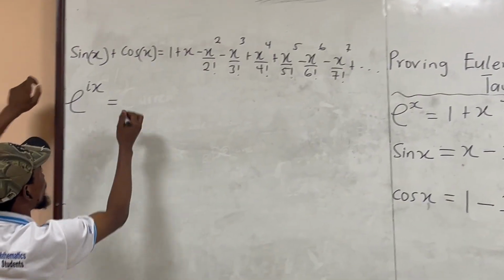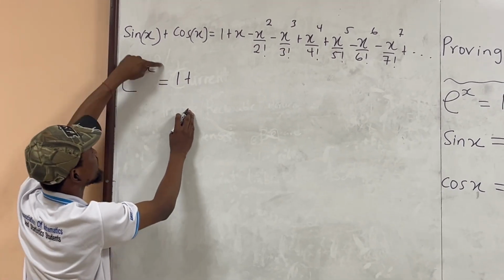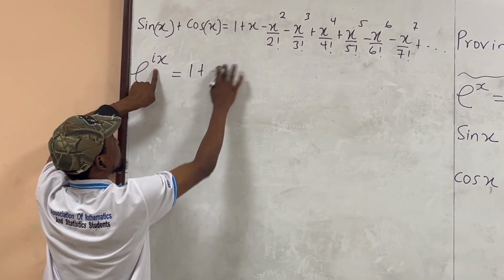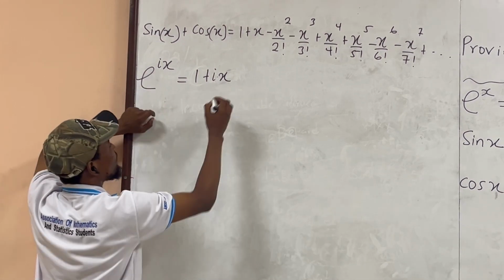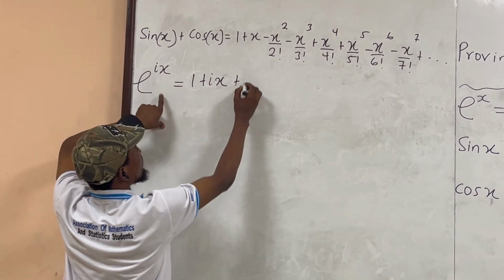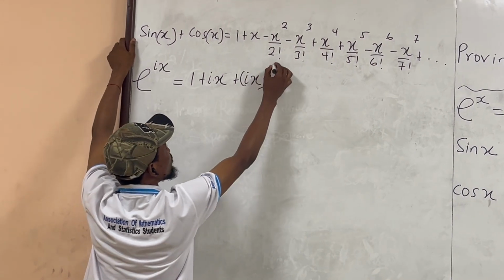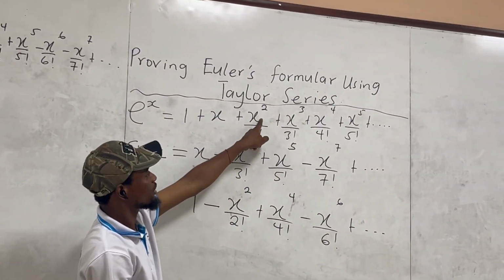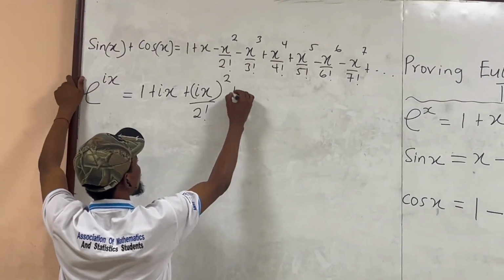But look at my power here, I have i x. So I have 1, then plus i x, then plus i x to the power 2 over 2 factorial, in that order.